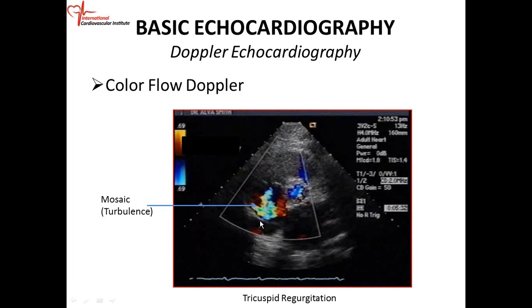And this shows turbulence even more because this is tricuspid regurgitation, short axis, tricuspid valve. Blood is moving from the right ventricular flow tract across the tricuspid valve into the right atrium. So the mosaic color is turbulence. See that?